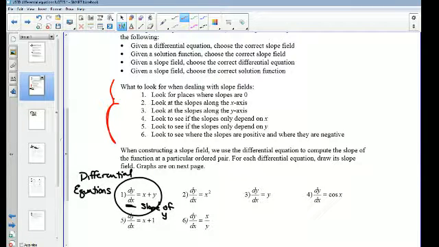Again, I told you about depending on X or Y, that's horizontal versus vertical, and then positive versus negative slopes. Okay. Not very difficult, it just takes a little bit of work. Any questions?